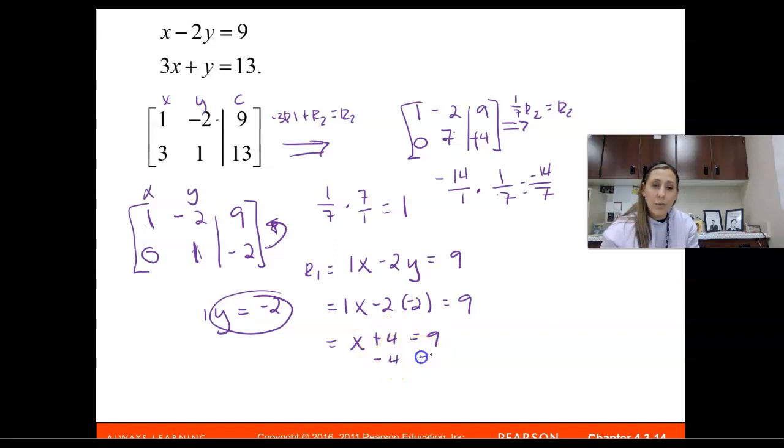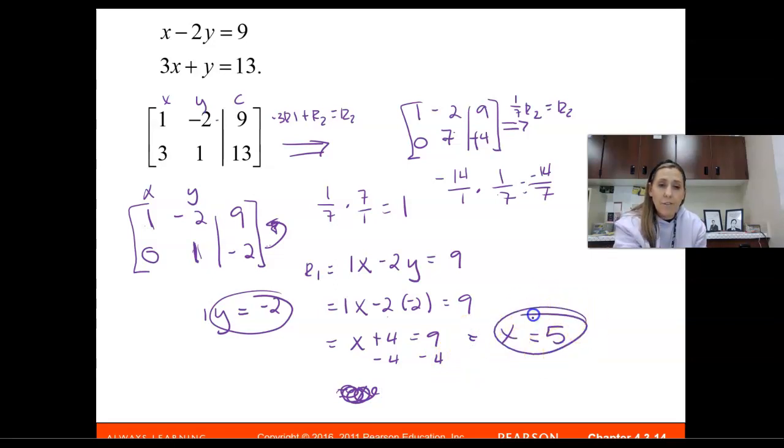We're going to subtract 4 from both sides, and then that gives me x is equal to 5. Okay, so my answers are y equals -2 and x equals 5.